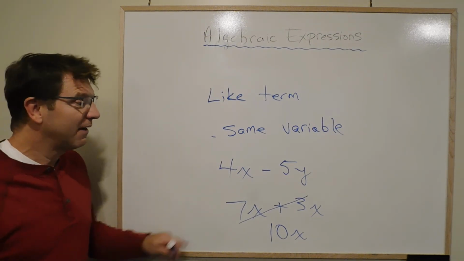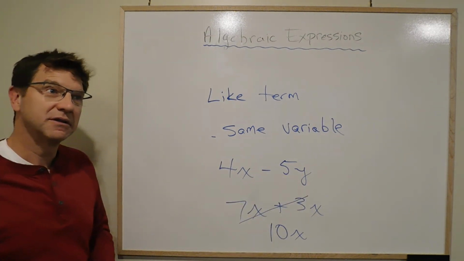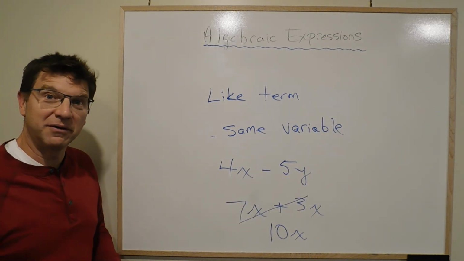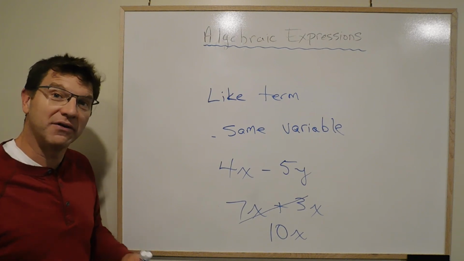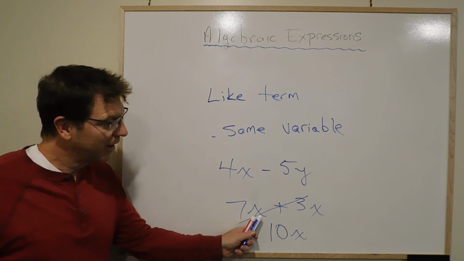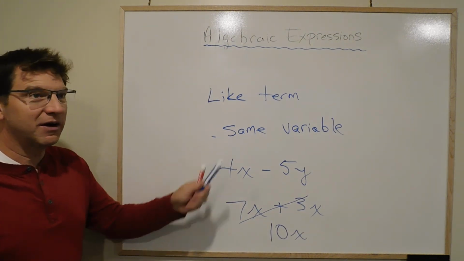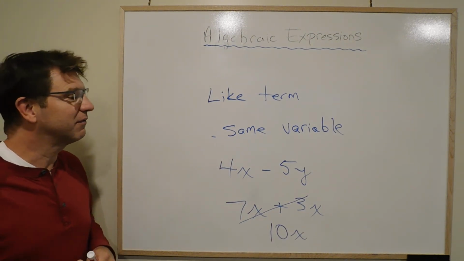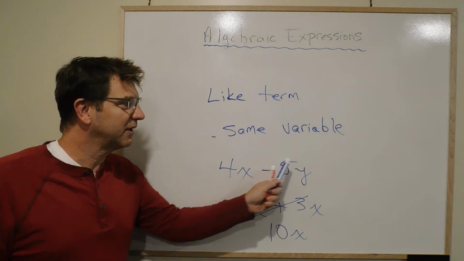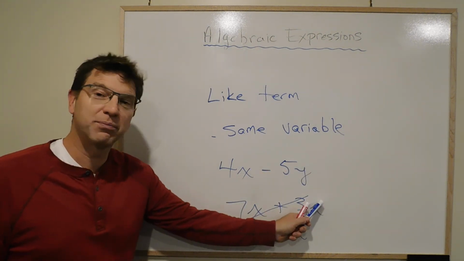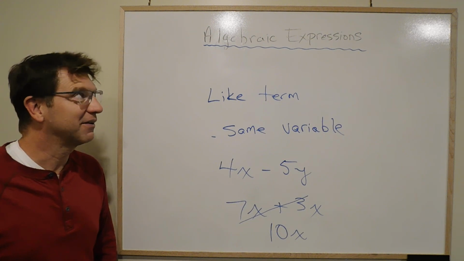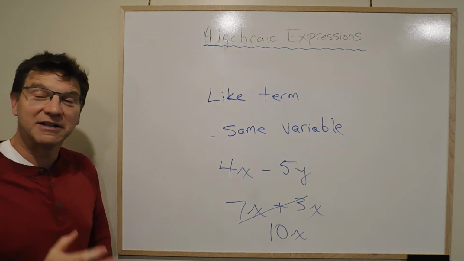If I have different variables, there's nothing I can do with it, because there's an x and a y, they're not the same. So like terms are when your variables are the same. One little thing for when we go ahead: they also have to have the same exponent, and we'll get to that a little later on. So that's what an algebraic expression is.